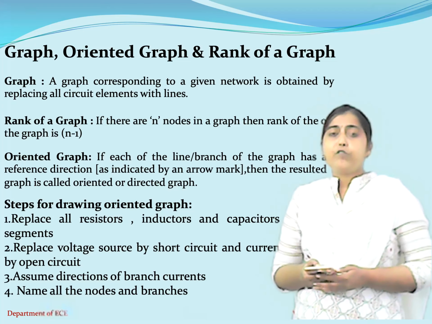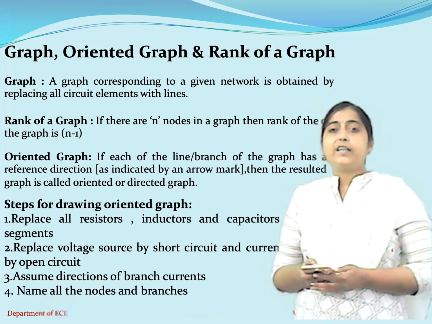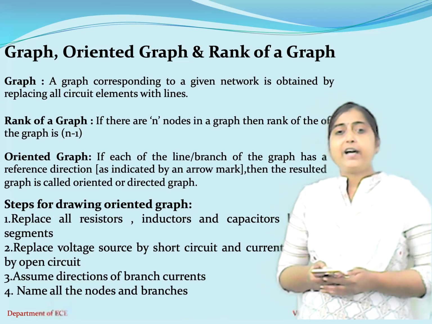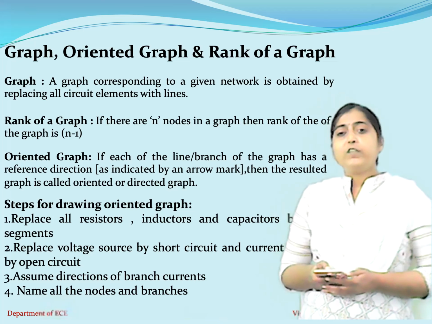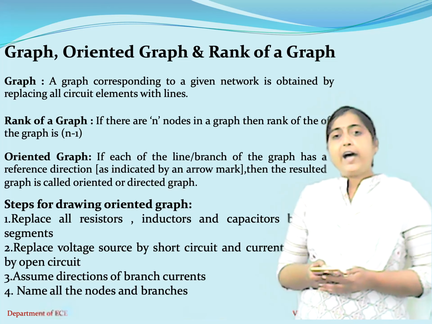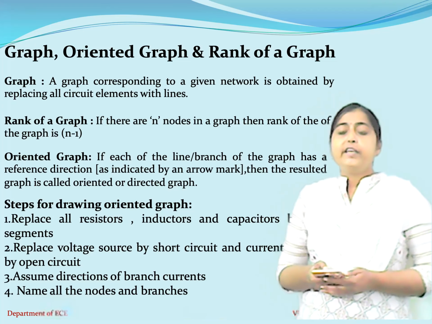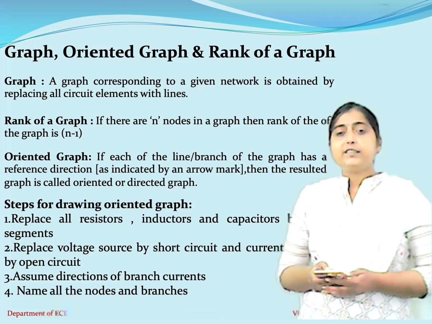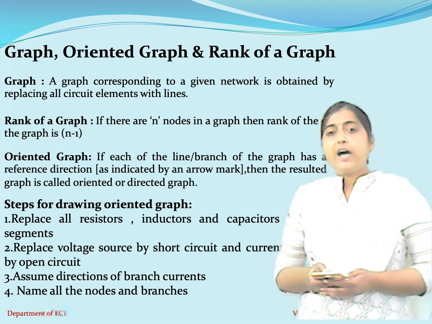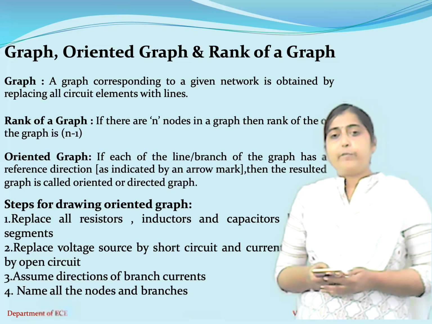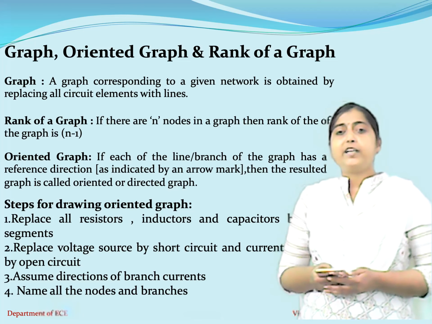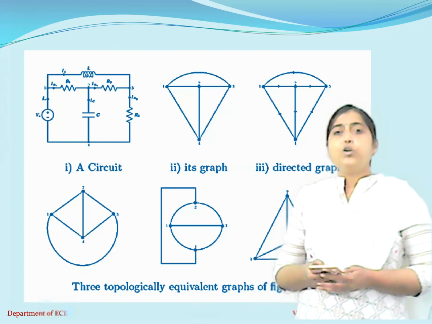Both ways we can follow, but never name both branches and nodes with only alphabets, because this always leads to confusion. So either name the nodes with alphabets and branches with numbers, or the branches with alphabets and nodes with numbers. Please remember this concept. That will make it easy to identify what are branches and what are nodes.